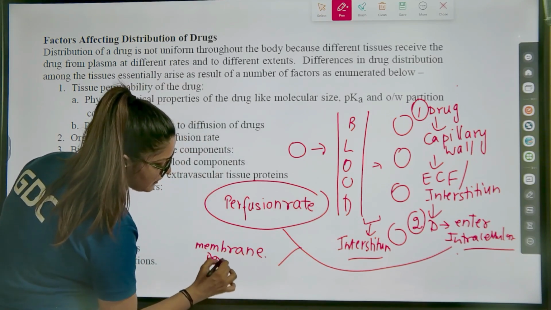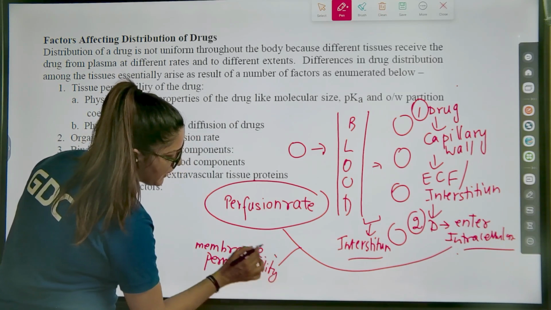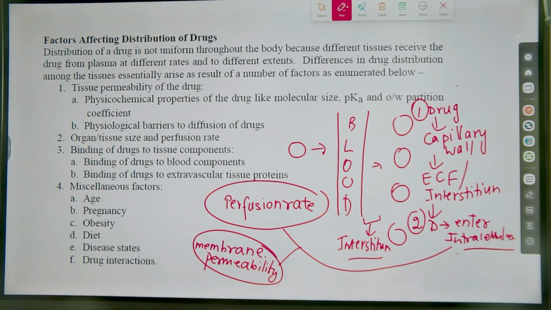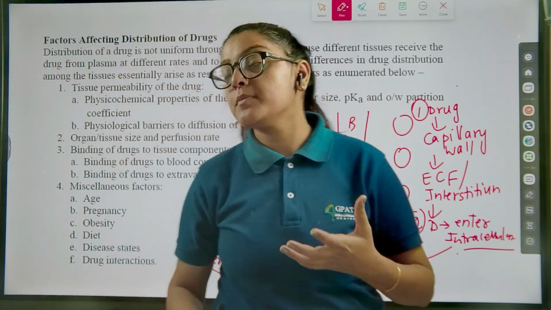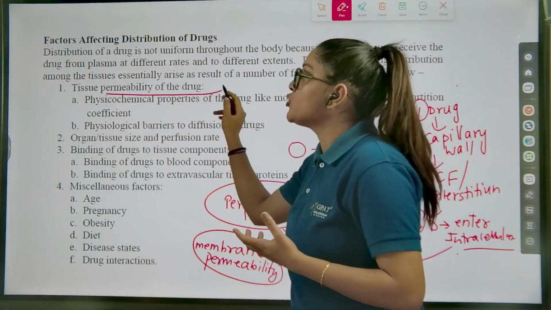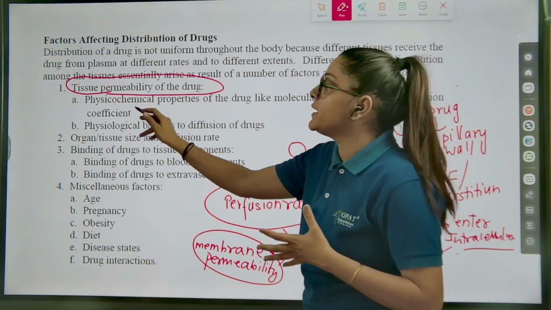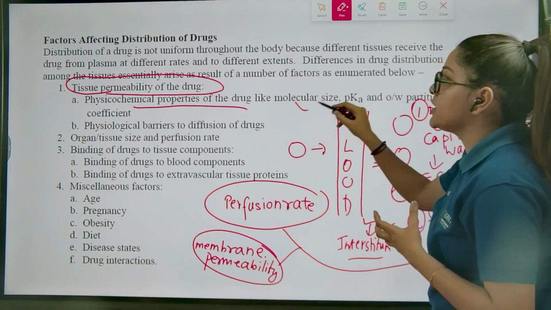The membrane, with the concept of like dissolves like, will happily let lipophilic molecules enter, but if they have larger sizes, then the entry is going to be a challenge. This permeability here, we can call the tissue permeability. That tissue permeability is going to be dependent on the type, nature and properties of the drug, including its molecular size.